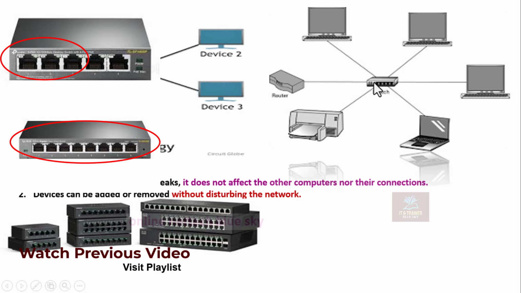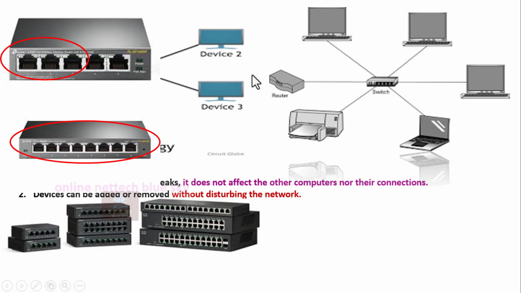So if you have a switch with only 8 ports, you can add only 8 devices, for example 6 computers, one router, and one printer. It depends on your switch system.